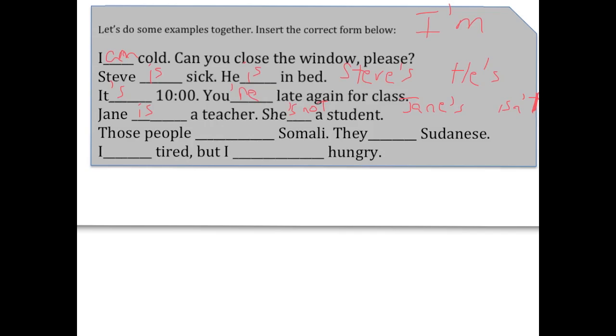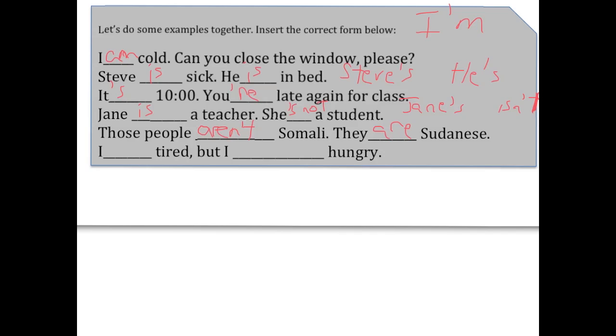So if I want to make this negative, you need to write are not or aren't. I'm going to write aren't. So those people aren't Somali. They, and then we need to make this one positive. Is it am, is, or are? You should be thinking that people is they, so they are Sudanese.